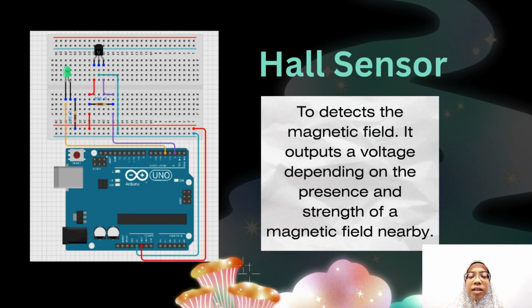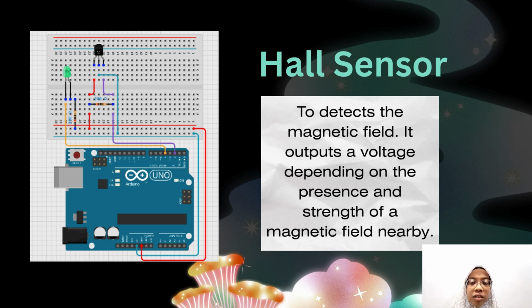So this is our schematic circuit for our Doppler effect project. We're using four electronic components: Hall sensor, resistor, LED, and Arduino. The first one is the Hall sensor. For this project, we're using a digital Hall sensor A3144.